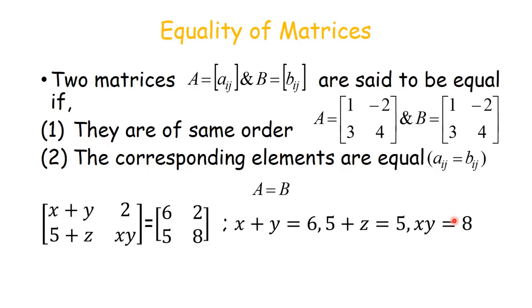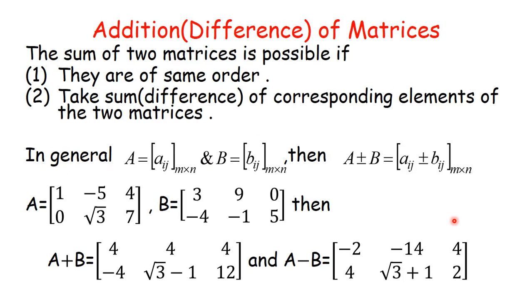Okay, now addition and difference of matrices. The addition or the sum of two matrices is possible only if, again, the two matrices are of the same order, and if they are of the same order, then addition or difference of corresponding elements takes place.